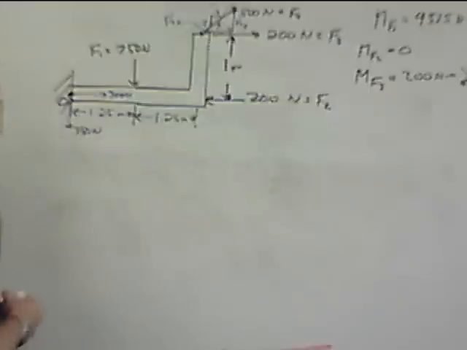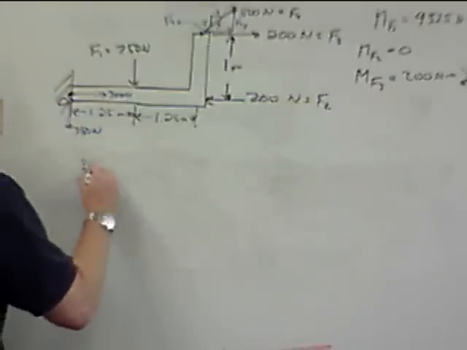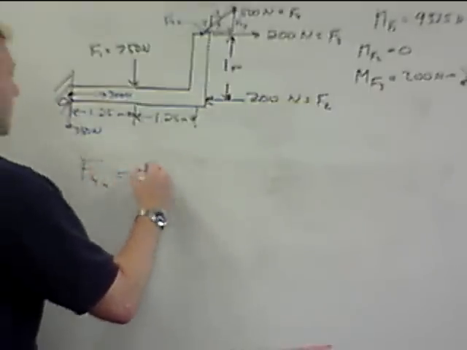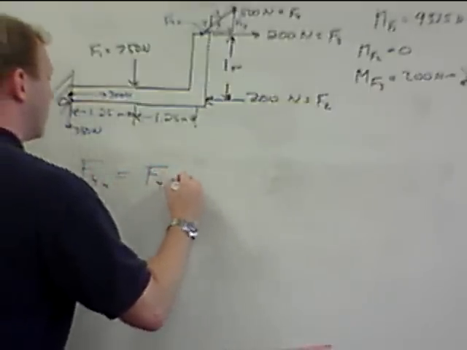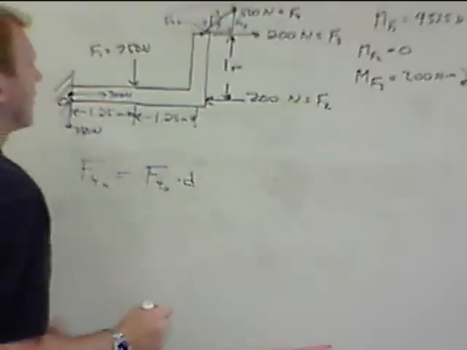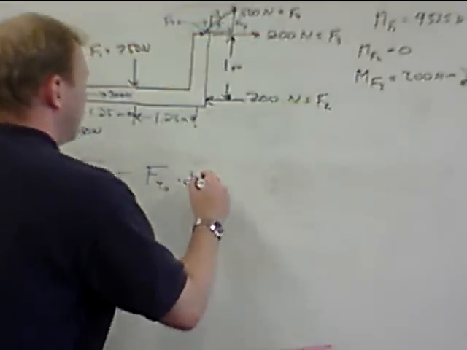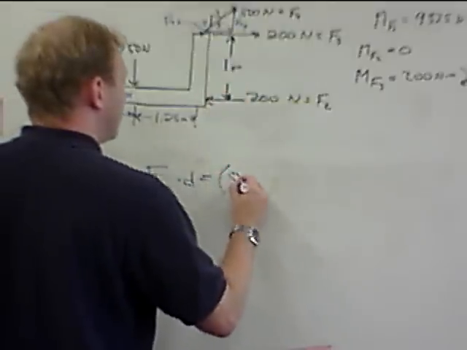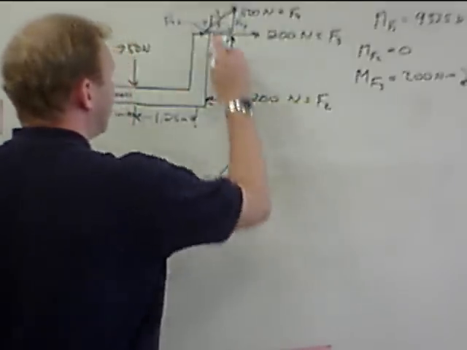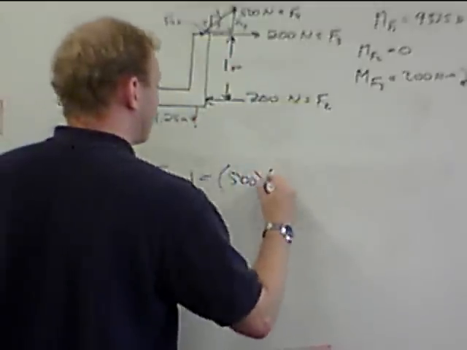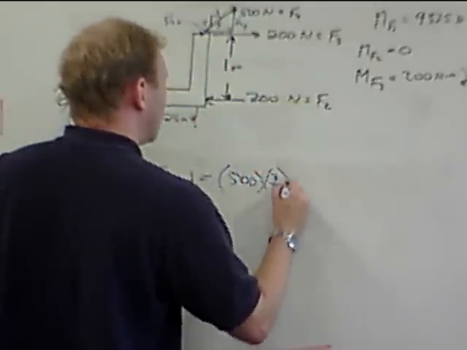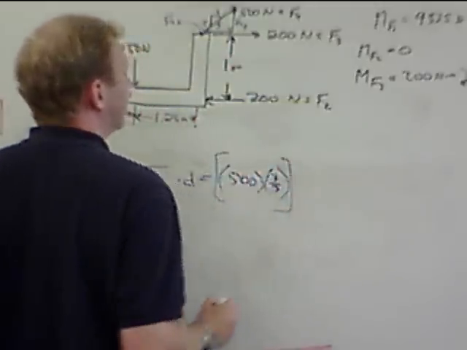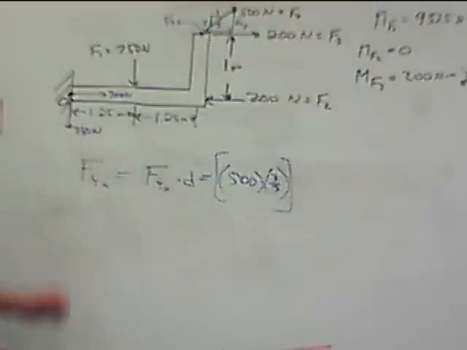Calculate the moment here about O. So the moment of F4x is equal to F4x times its moment arm. The x component here is 500 times the ratio in the x direction, 3/5. So this whole piece is the force in the x direction.